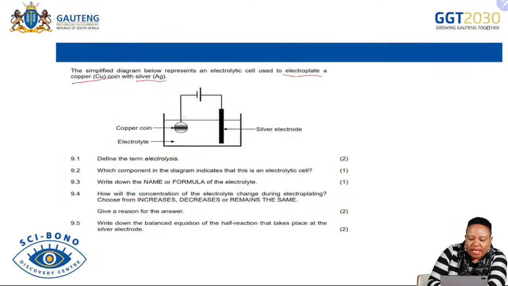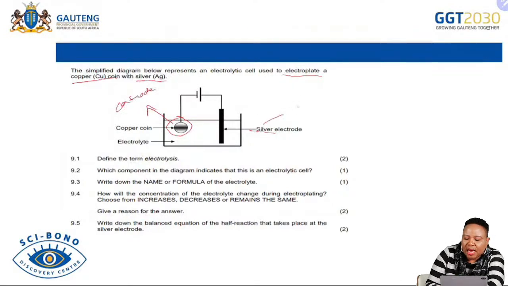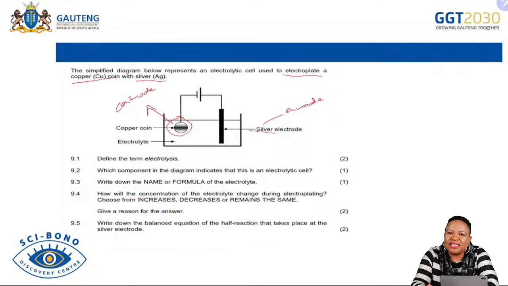What we expect our copper to be coated with is silver. So obviously, because we want to coat our copper, it will be our cathode, and our silver metal will be our anode. And the only process that is happening is a process of silver undergoing oxidation, because silver is a reducing agent, and silver ions undergoing reduction, because silver ions are oxidizing agents.